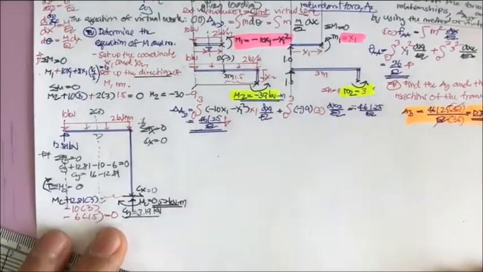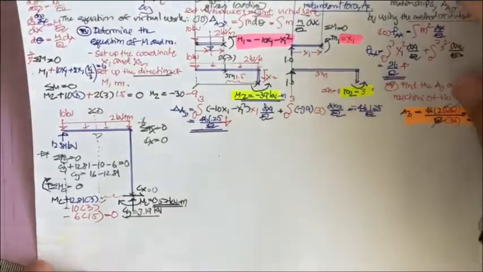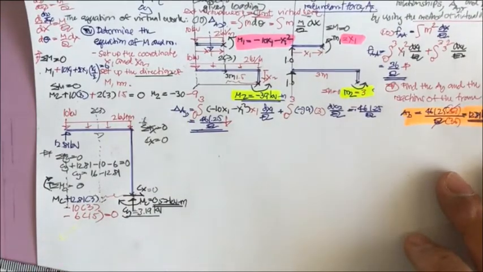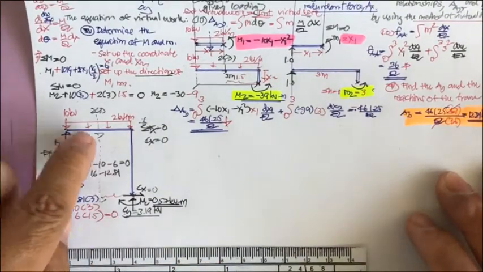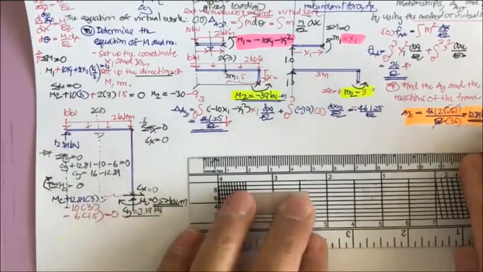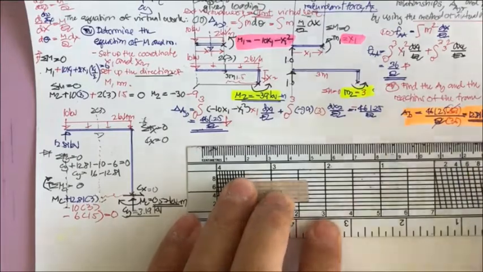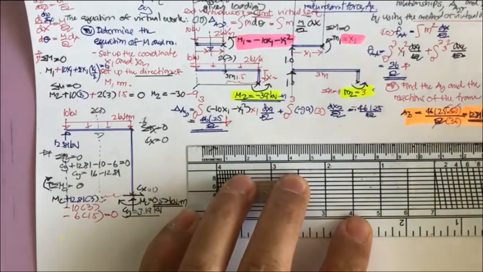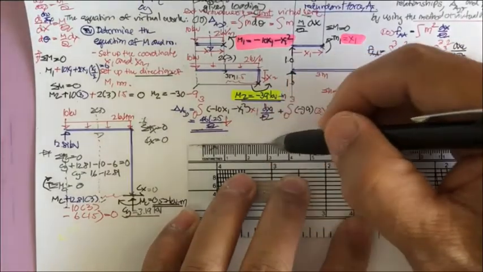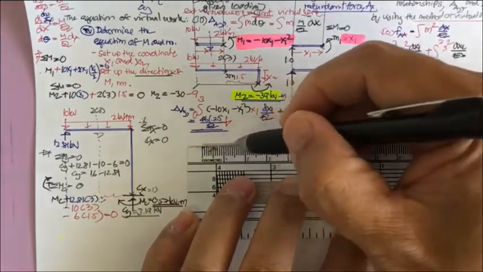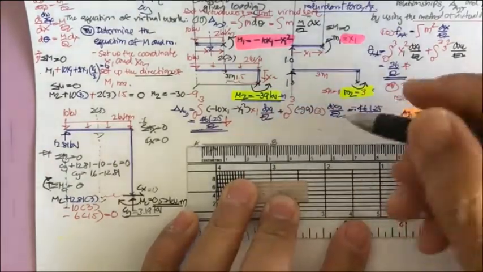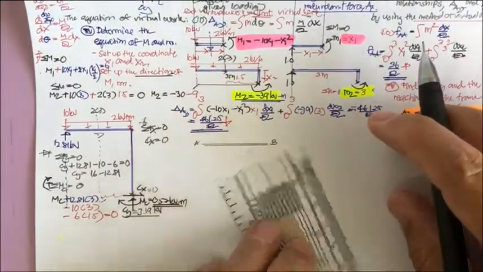Now, next thing, we're going to draw the shear diagram and moment diagram of the frame. And the frame has the beam AB and the column BC. So let me put this one here. 3 centimeter from this one A and this one B. And we also have the column.